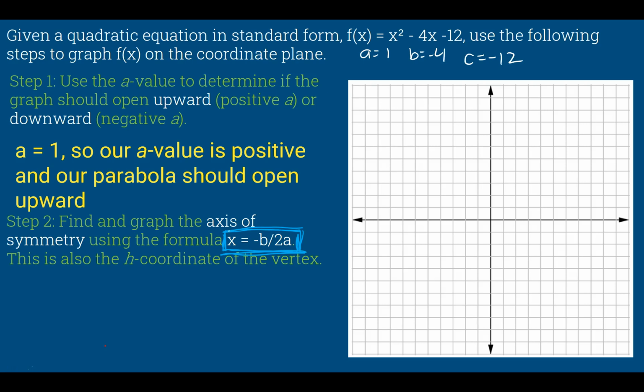Step 2. We're going to find x is equal to opposite b over 2a. In this problem, what is my b value? It is negative 4, right? So it's going to be x equals negative 4 divided by 2 times a, which is 1.